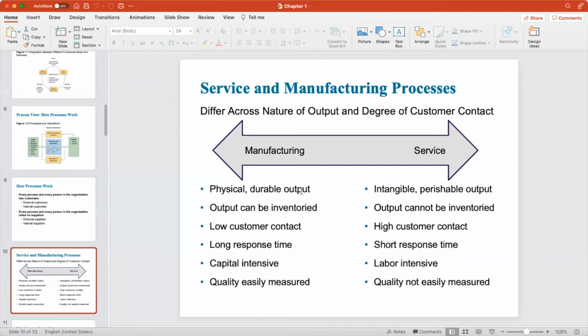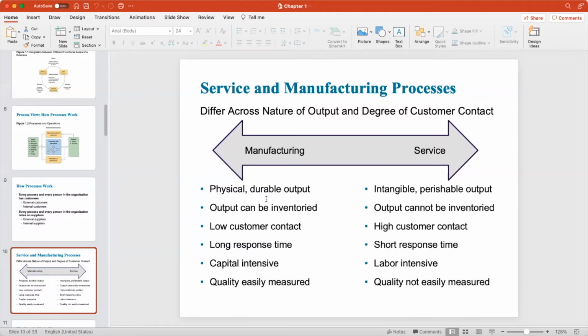If it's related to producing products, which we call manufacturing, the corresponding output normally would be a physical, durable output. That's very straightforward. For example, if you're producing a computer, it should be a physical and durable output. And normally it can be inventoried, such that manufacturing processes are more related to inventory management.